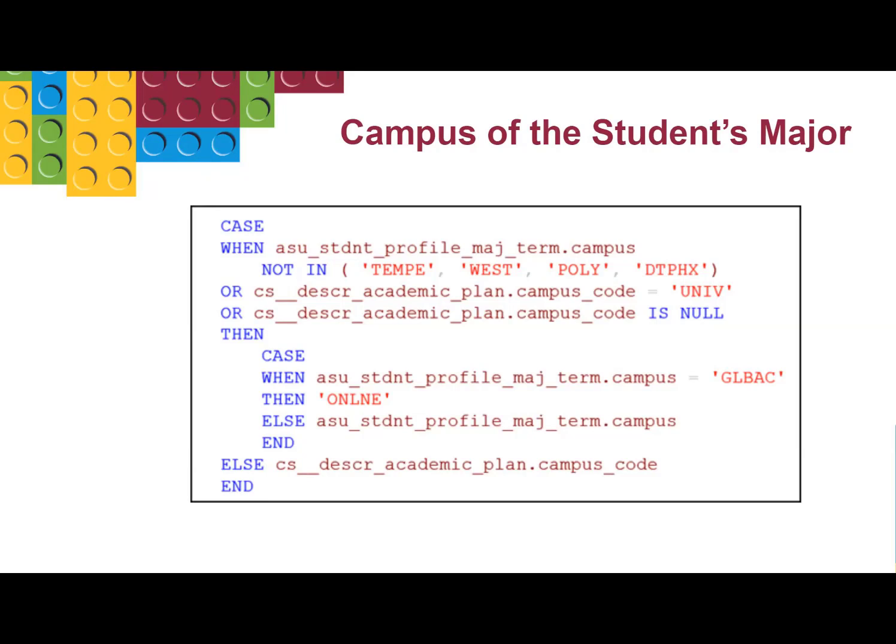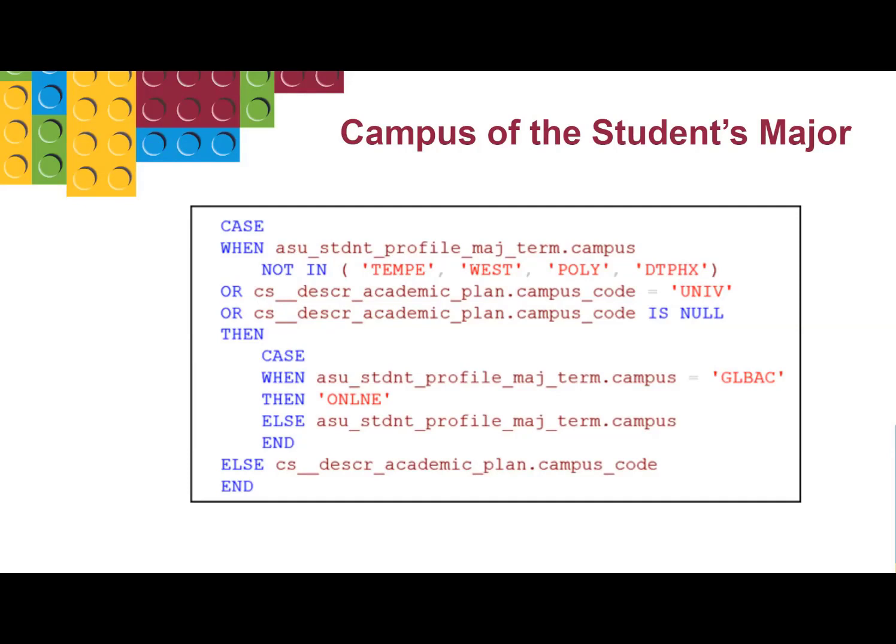The census table, CS Desker academic plan campus code, identifies the correct reporting campus for the Tempe, West, Poly, downtown campuses based on the student's major. A lot of these majors might offer things on different campuses, and that table helps pull it all into one campus so we're able to report more easily.